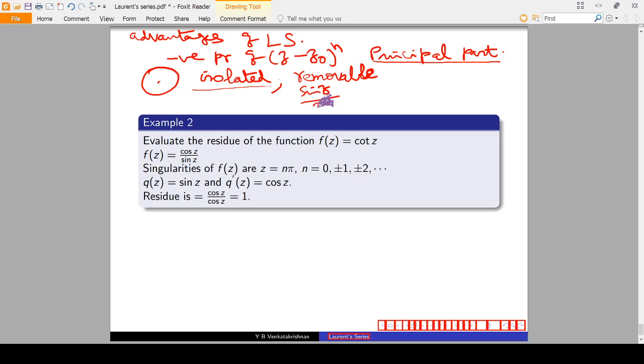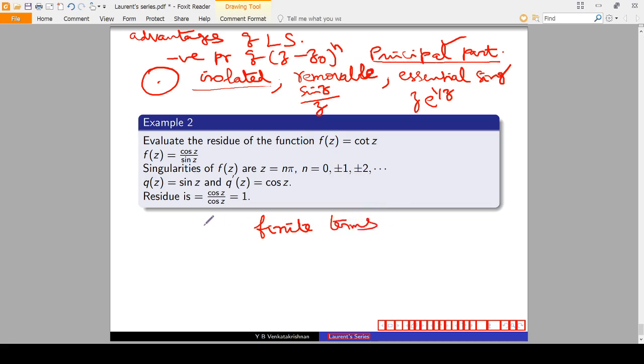The example given here was sin z by z, and the third type is called the essential singularity. What is this essential singularity? The example given here was e power 1 by z, which contains an infinite number of terms in the principal part. So these are the varieties of singular points.